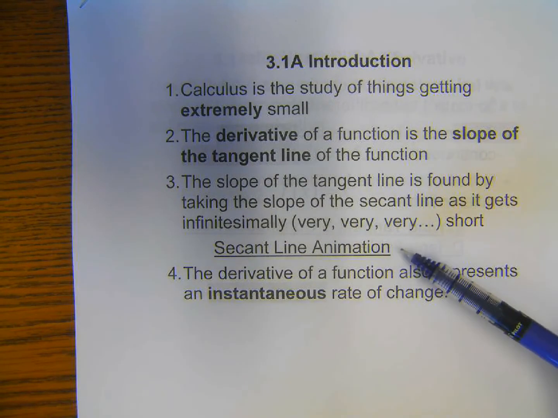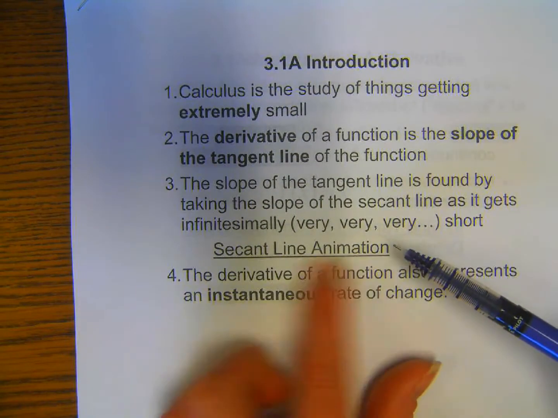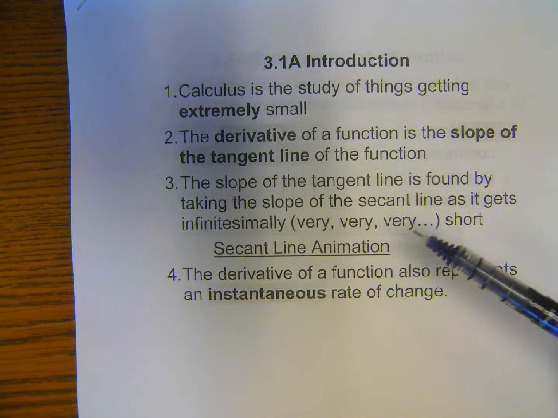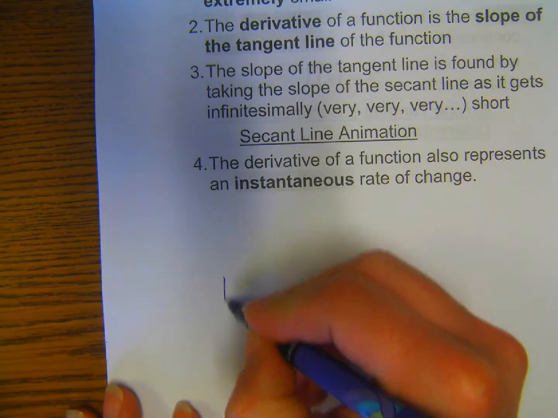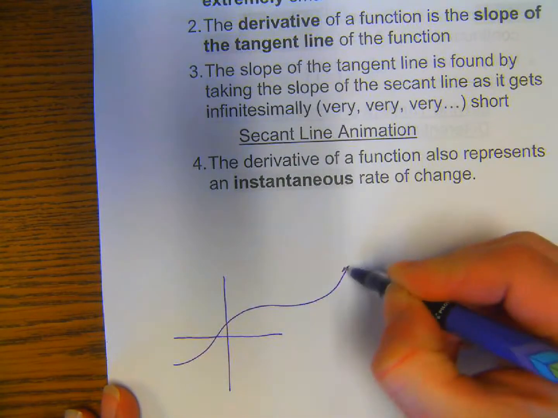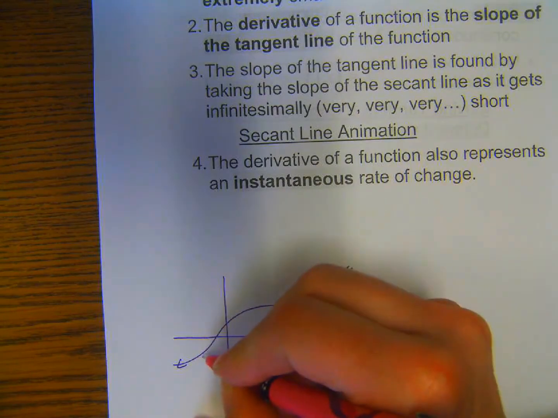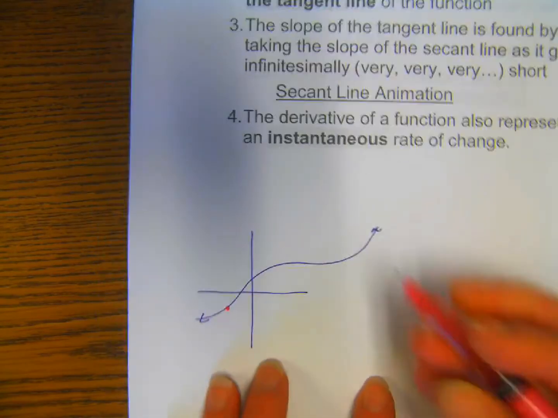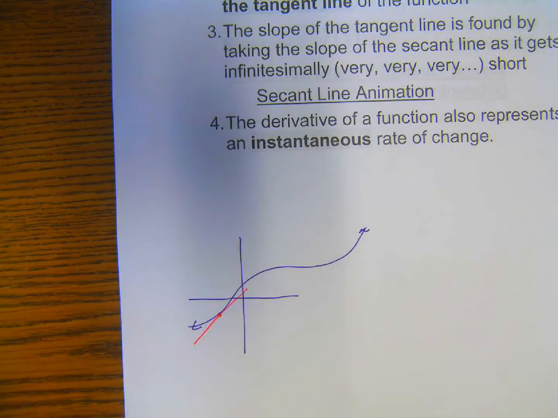But if you would Google secant line animation or tangent line animation, essentially what a tangent line is, if I had some function f of x, okay? The tangent line is a line that intersects at one point.